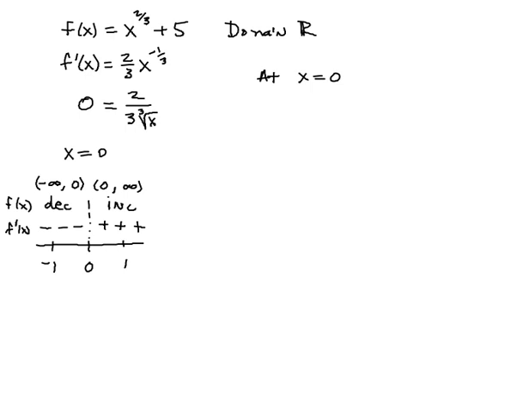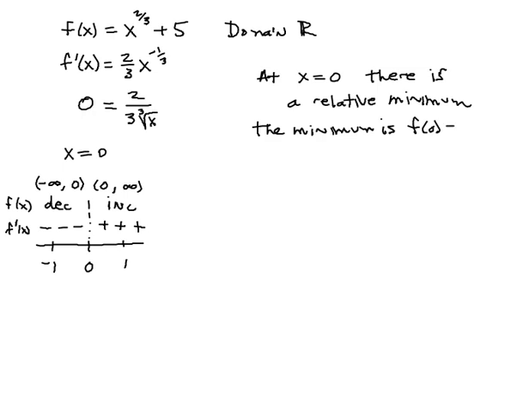At x equal to 0, there is a relative minimum because the derivative goes from negative to positive. In other words, the function's decreasing and then it begins to increase. The minimum, well, it occurs at x equal to 0. So at x equal to 0, the minimum is f of 0 equal to 5.